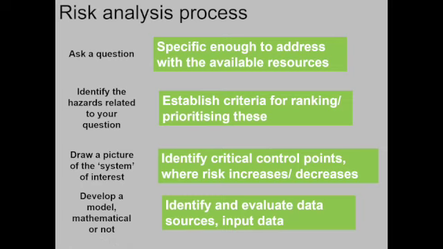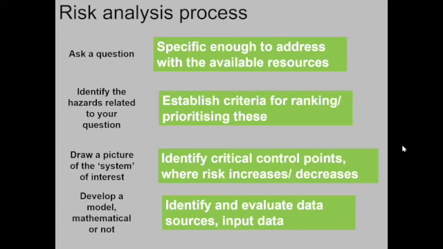So in summary, a risk analysis starts with us asking a question, and it needs to be specific enough to address with the available resources. That question has been posed, and we have a set of questions posed in the workbook. Although we only have ASF as a hazard related to your question, we'll come to how we can prioritize in different situations.